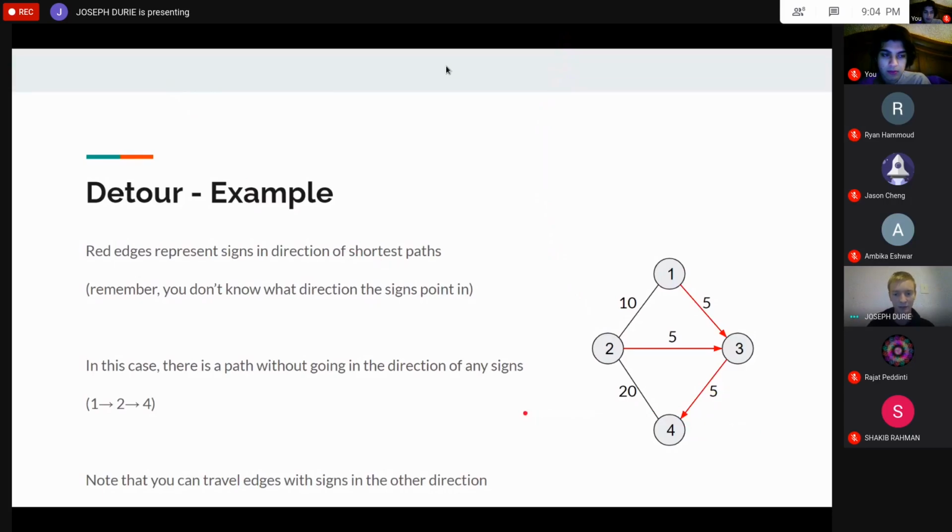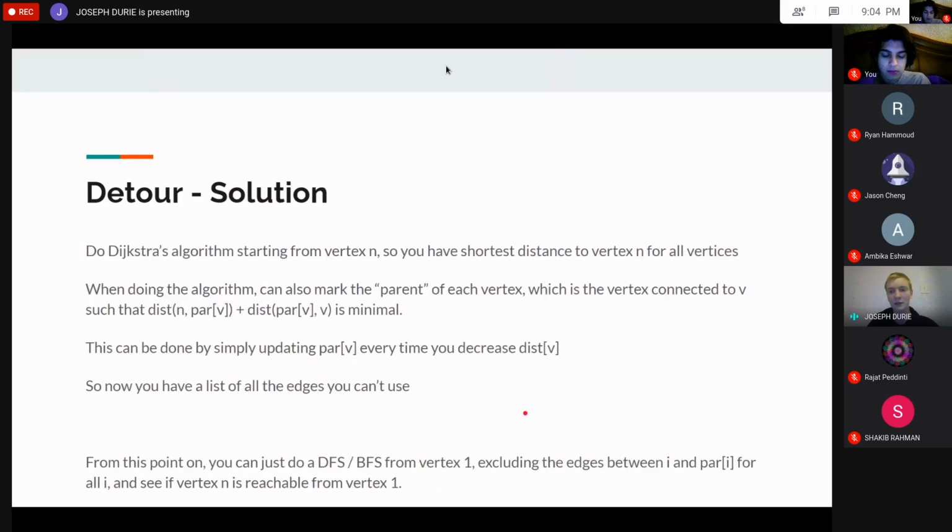To solve this, we can run Dijkstra's starting from vertex n. So we get the shortest distance to vertex n for every vertex, because that's what Dijkstra's does. In addition, we can store some extra information, which is the parent of every vertex.